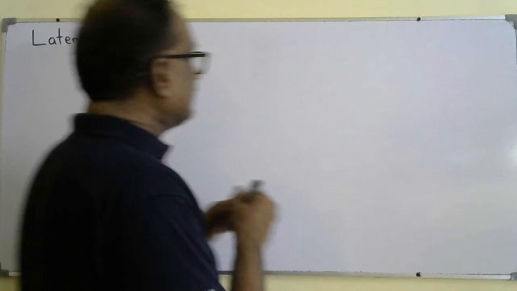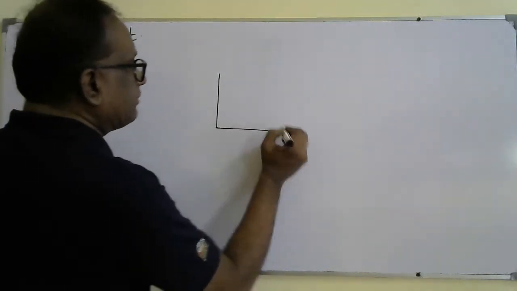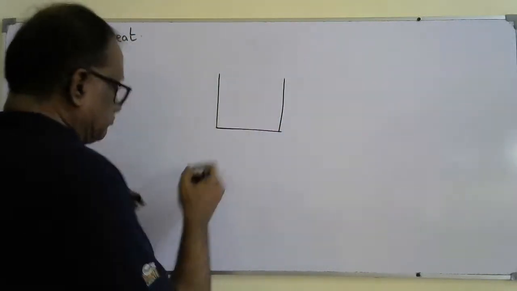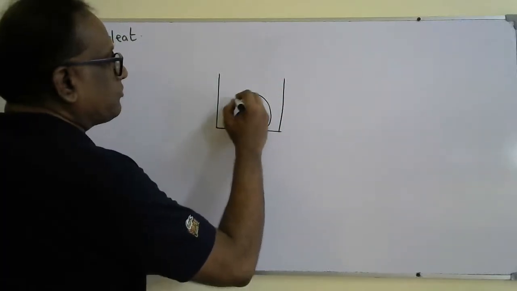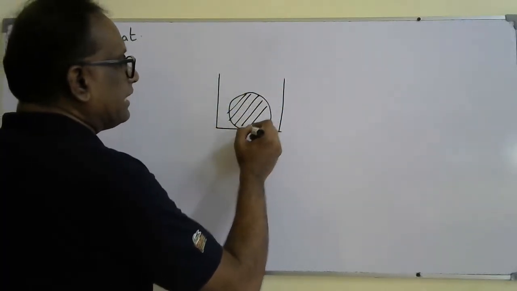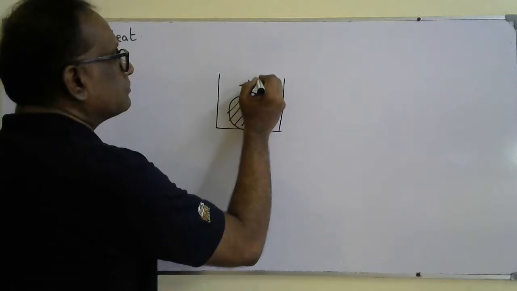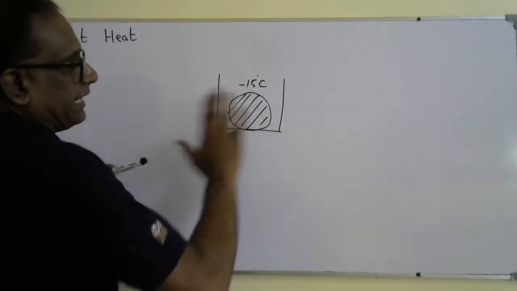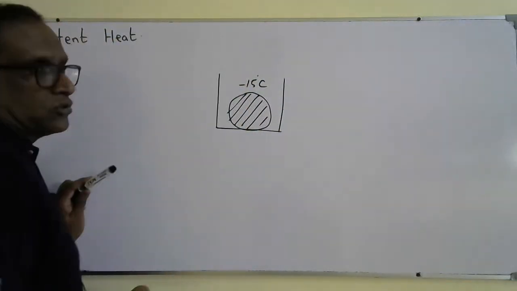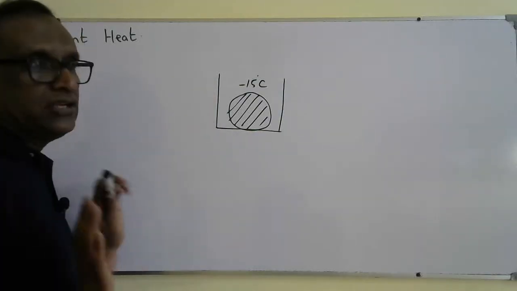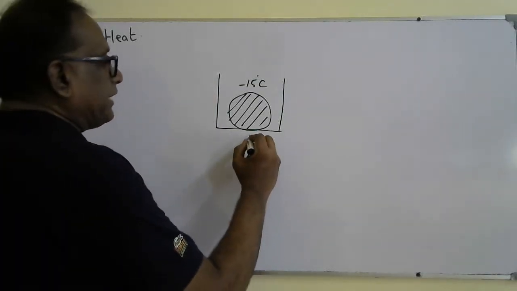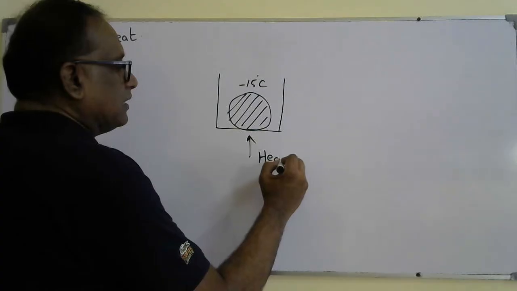So imagine a container which consists of initially just a piece of ice which is at minus 15 degrees Celsius. So you are heating it evenly by using a water bath or something. You are heating it evenly, uniformly. So heat is supplied to it evenly. So what happens?